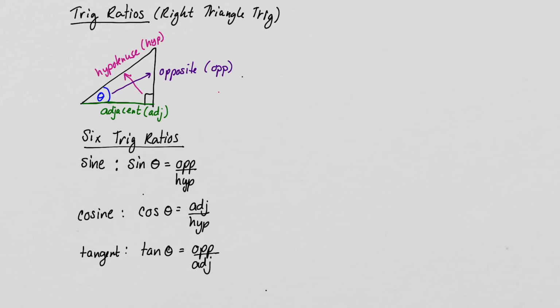And then there's 3 other ratios, and those 3 other ratios are these 3 ratios flipped over. So to go with the sine is the cosecant, and we abbreviate that CSC theta, and that's hypotenuse over opposite.